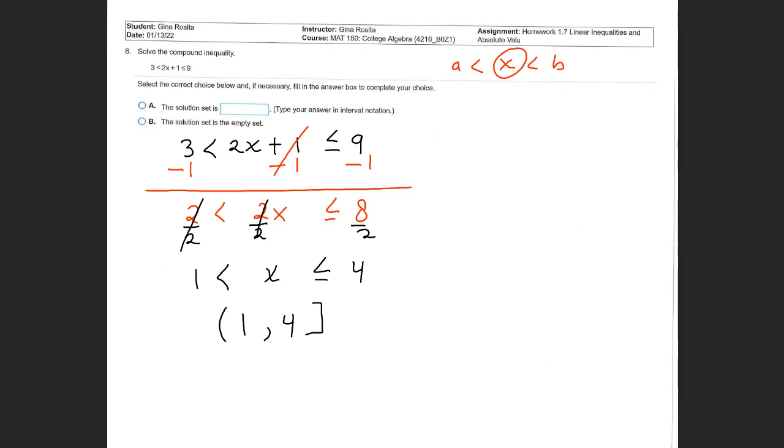Now go to the next one, number 9. Solve the absolute value inequality. We're going to review the definition again.